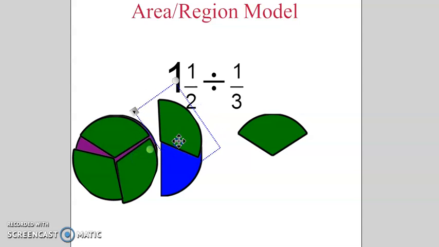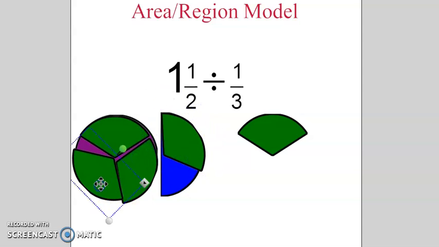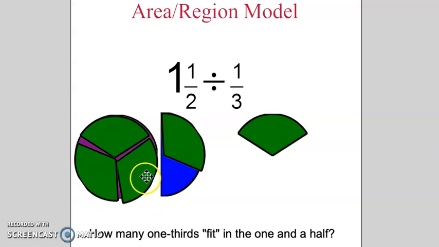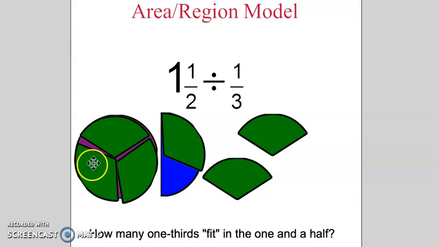So here we have 3 full 1/3 pieces fitting into our fractions. I'm going to assume that you can see how that lines up. Now we see how many 1/3s fit into this 1.5. Well, we have 3 full 1/3s in the one, right? How many 1/3s are in one whole? 3 1/3s are in a whole. We can also see that an entire 1/3 fits into this 1/2.